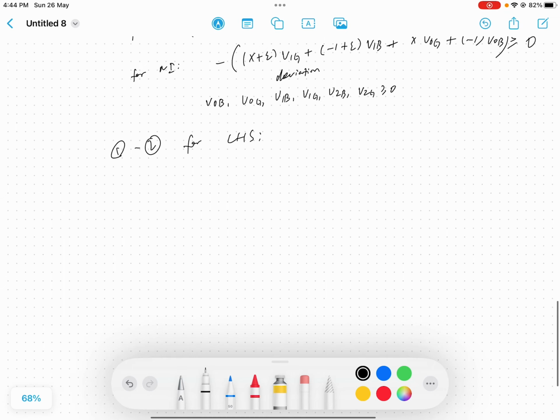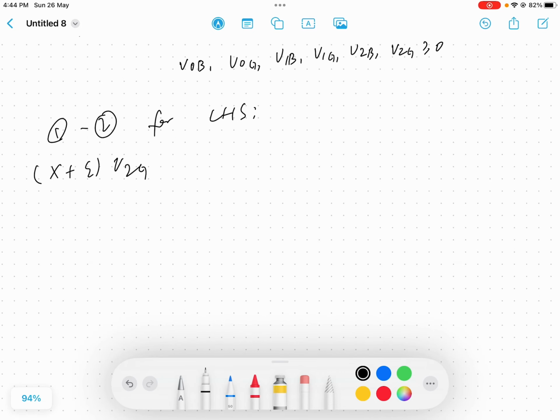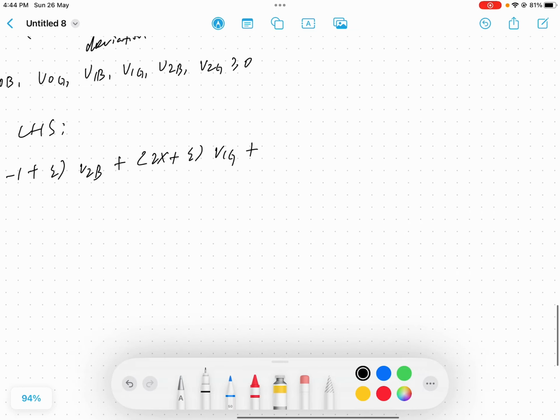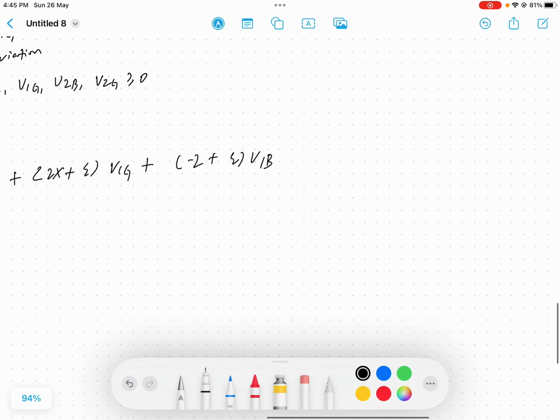What we get is x plus epsilon v2g plus minus 1 plus epsilon v2b plus 2x plus epsilon v1g, and plus minus 2 plus epsilon v1b plus x v0g plus minus 1 v0b.